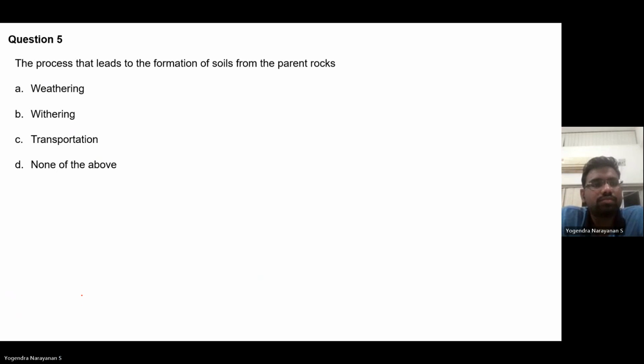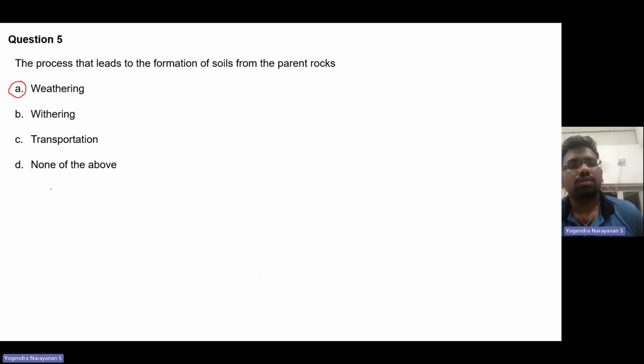So, as we know, the entire process of formation of soils from parent rocks can be brought under a single umbrella of the process of weathering, which includes others, for example, transportation, which is an after effect of weathering, and similarly withering also.